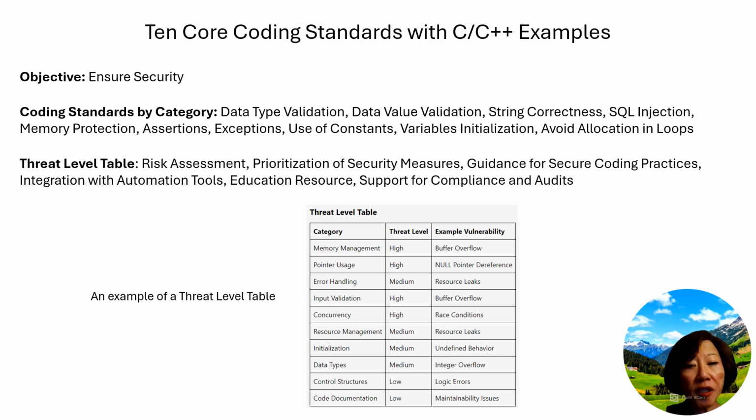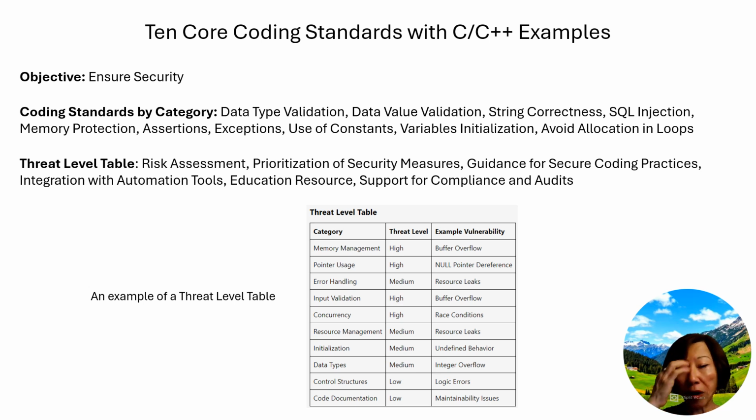There are several essential functions that this table serves. Risk management: the table helps developers and security professionals to quickly identify which types of coding issues pose the greatest risk to the application. By understanding the threat levels, teams can focus their efforts on mitigating the most dangerous vulnerabilities first.